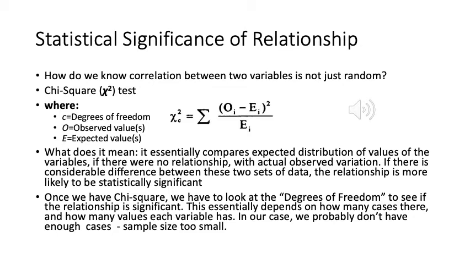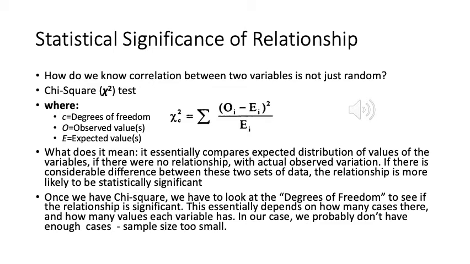If there is considerable difference between the expected distribution and the observed variation, then probably there's a statistically significant relationship. But if there is no difference between expected and observed, then probably there is no relationship.